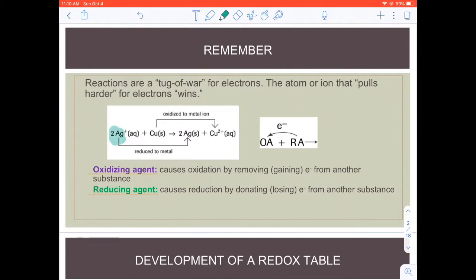So here our silver cation gains electrons to become our silver solid. It has undergone reduction, but it has caused our copper solid to undergo oxidation, becoming copper 2 ions. So a reducing agent causes reduction by donating electrons to another substance.